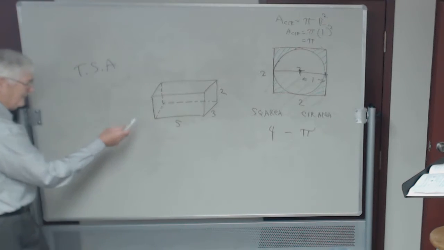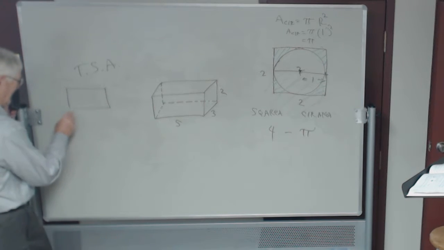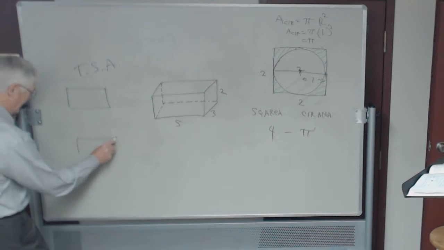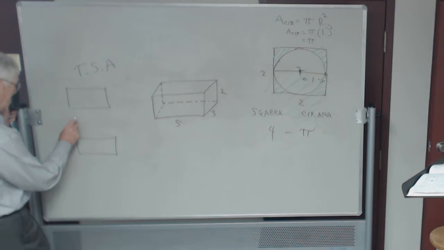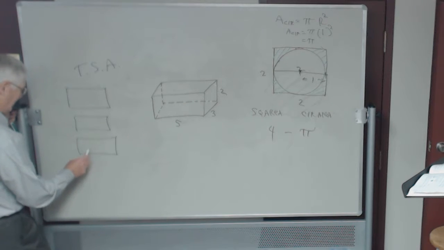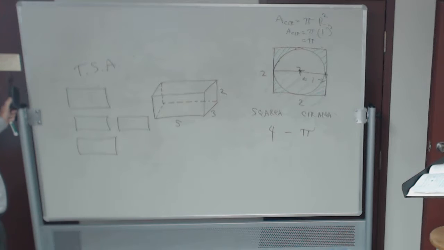Okay, now think about this. What do I have for a total surface area? I got a rectangle for the top, a rectangle for the bottom, a rectangle for the front, and a rectangle for the back.